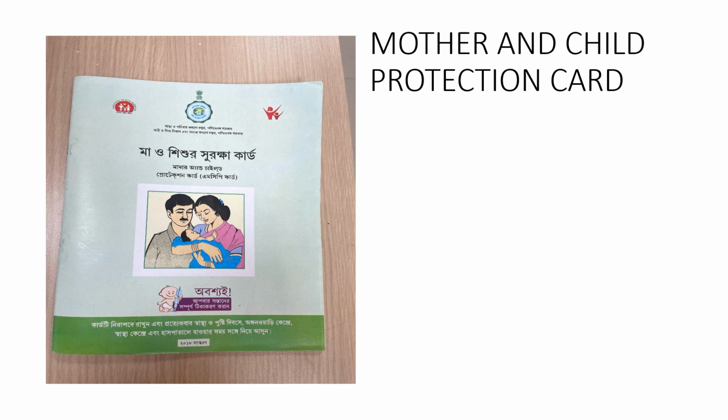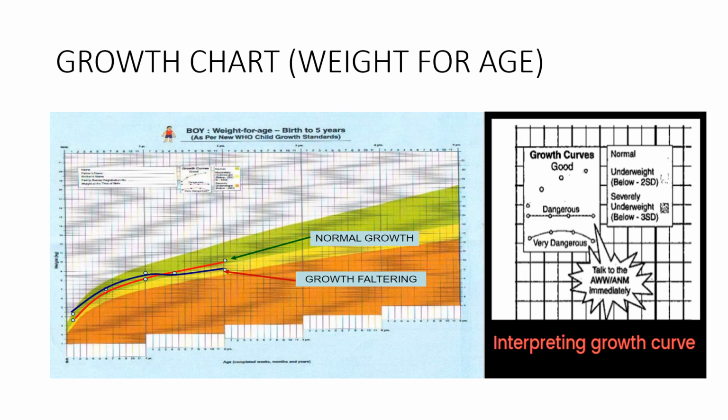Then it may go off to the child feeding practice, the young infant child feeding, complementary feeding, then breastfeeding, advantages of breastfeeding, baby friendly hospital initiative. Actually, it opens up a huge plethora of questions.